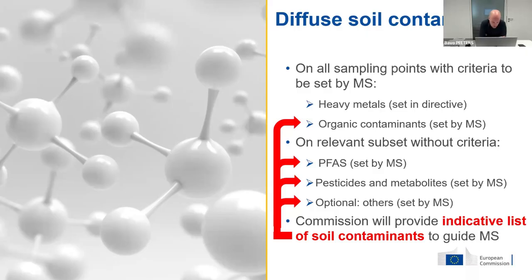So it's a random or monitoring method. And they would have to monitor contaminants on all sampling points of their monitoring framework. And the directive lists a couple of heavy metals, but they also need to select certain organic contaminants.